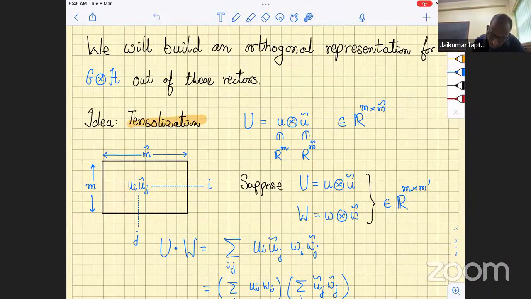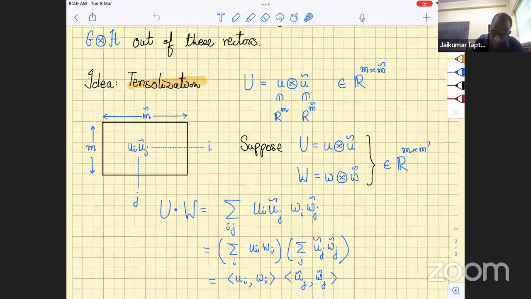So suppose you are given a vector in m dimensions and a vector in m tilde dimensions, one corresponding to the orthogonal representation of G, perhaps the other coming from the orthogonal representation of H. We are going to construct a product of these two vectors, and that will live in this dimension, that is m times m tilde. Yeah, so it will be a very long vector.